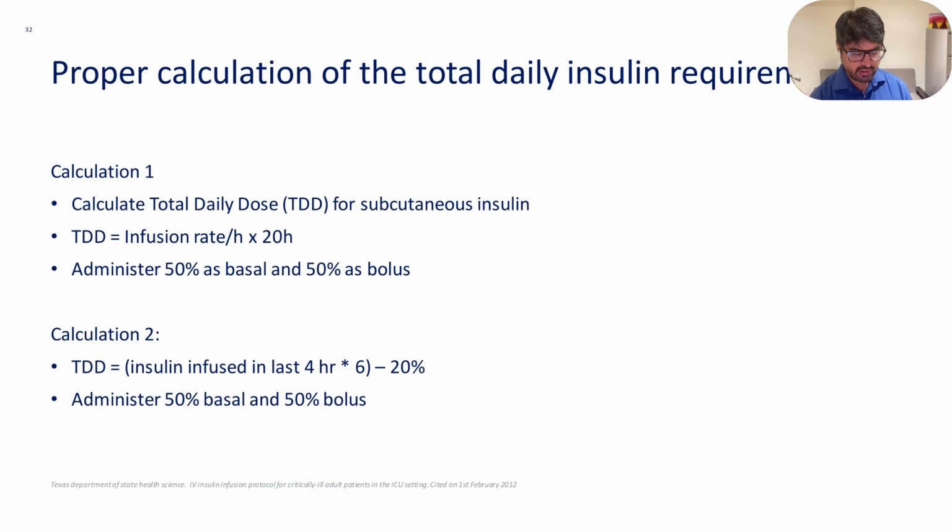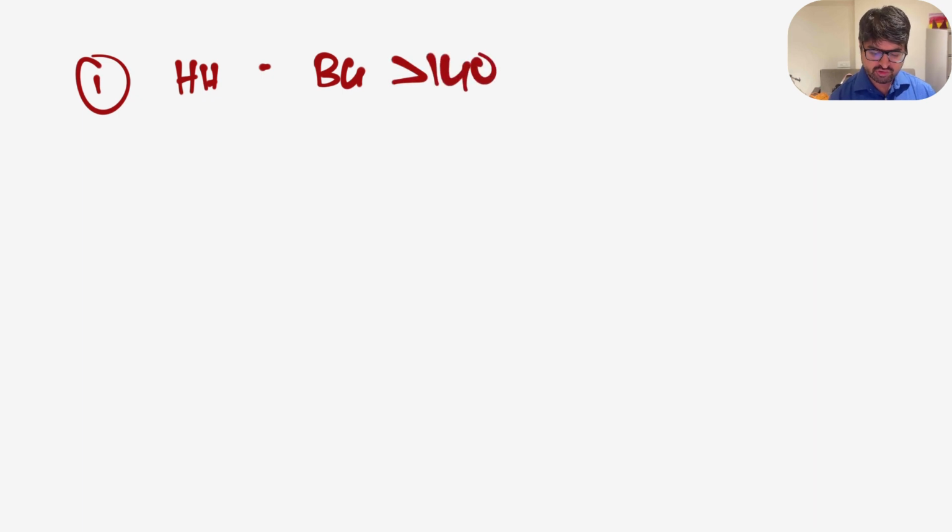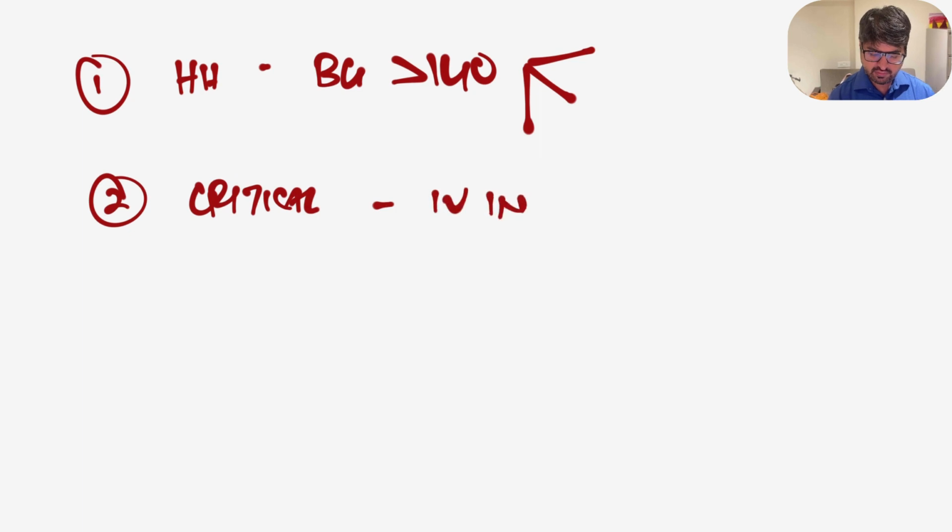I'll give you some important messages at this point. First of all, hospital hyperglycemia is when blood glucose is more than 140. This could be pre-existing diabetes, newly diagnosed diabetes, or stress hyperglycemia. In a critically ill patient, you give IV insulin.